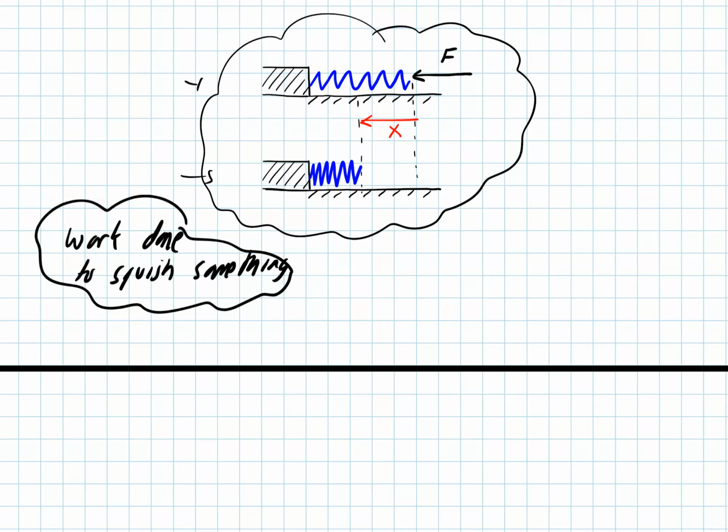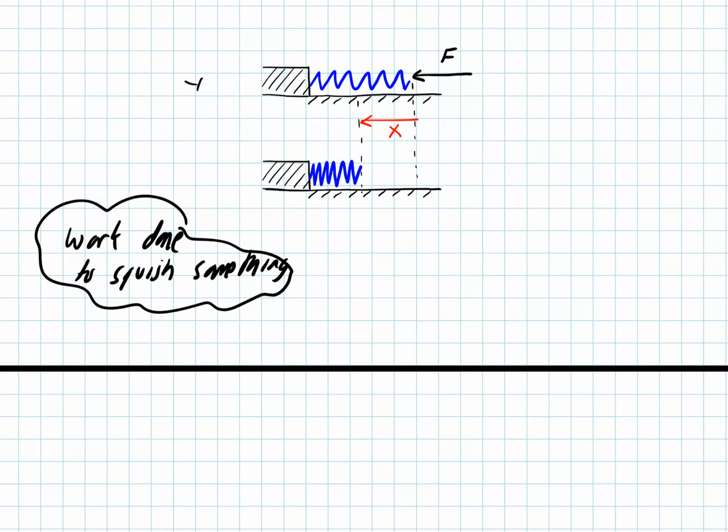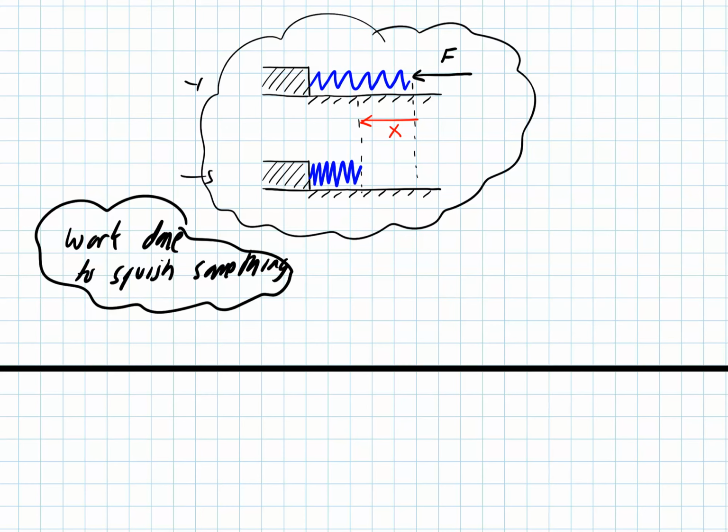What you did was you squished something elastic. Now in this case, when you are squishing something like a spring, the distance to which your force acts, we're going to call that x, but that really is d.